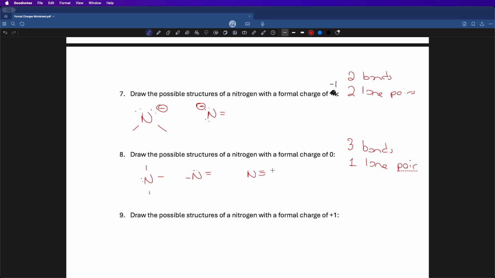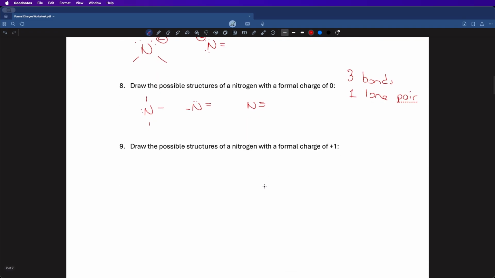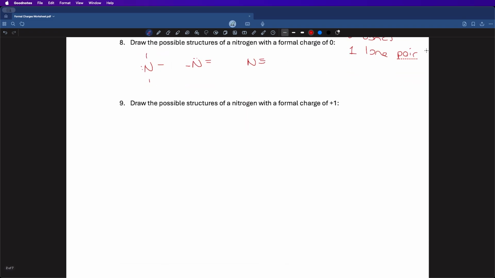And the last of this series: draw the possible structures of a nitrogen with a formal charge of +1. This should have 1 more than what it likes, meaning it should have 4 bonds and no lone pairs. So let's try to arrange them as single bonds. We can also try the double bonds.